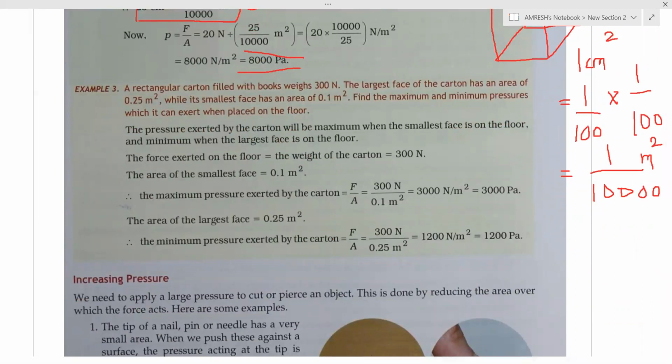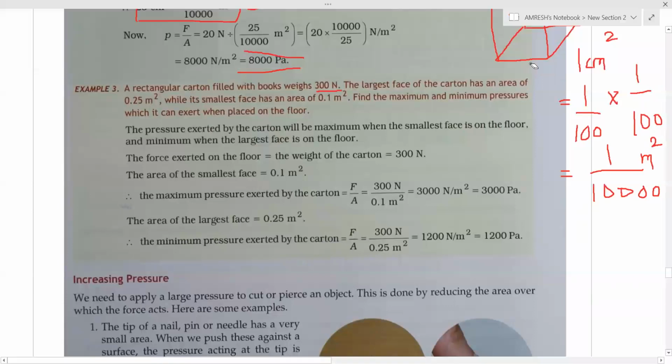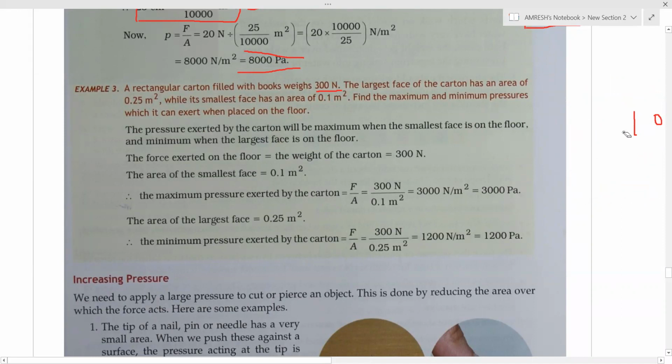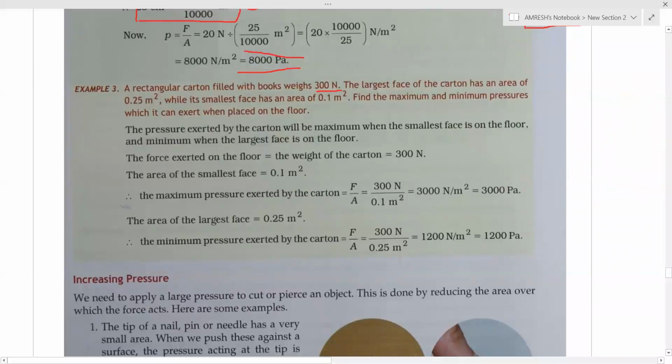A rectangular carton filled with books weighs 300 Newton. The largest face of the carton has an area of 0.25 meter square, while the smallest face has an area of 0.1.